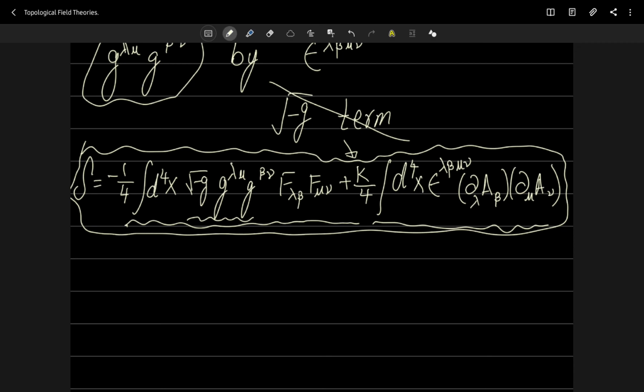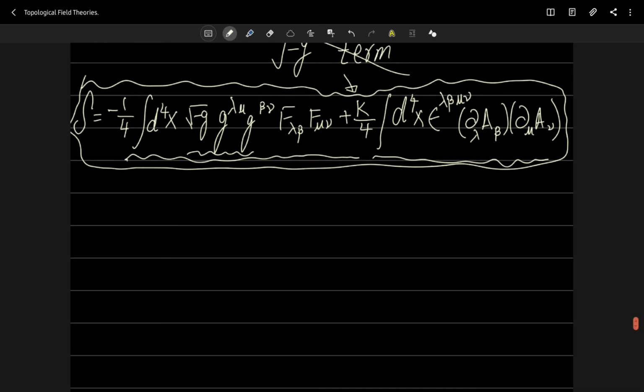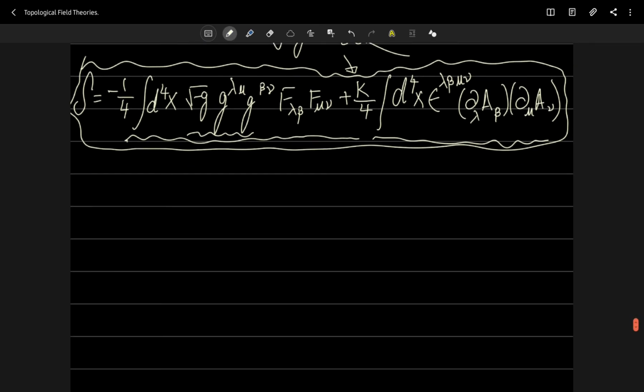But one rule of thumb that emerges is as follows: first, you calculate the length dimension of a term in the action.